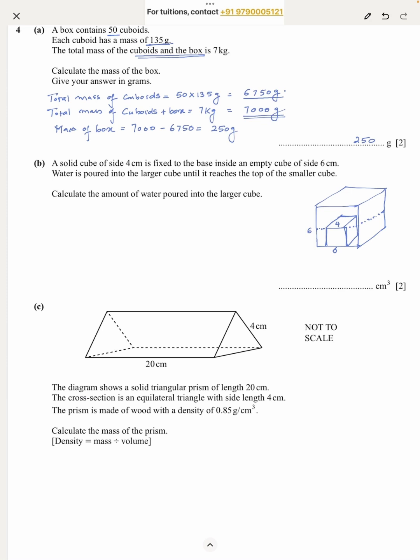Now they are asking to calculate the amount of water poured into the larger cube. So in the larger cube, the water level is only till this whatever I have marked. So this height is 4 centimeter. Right.